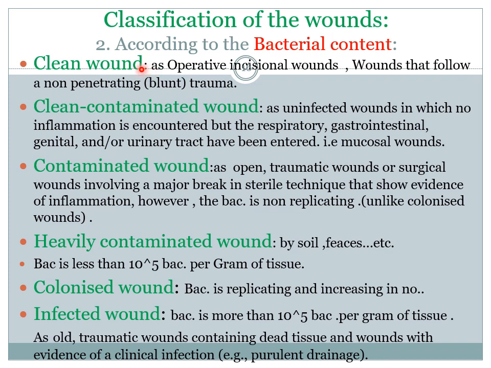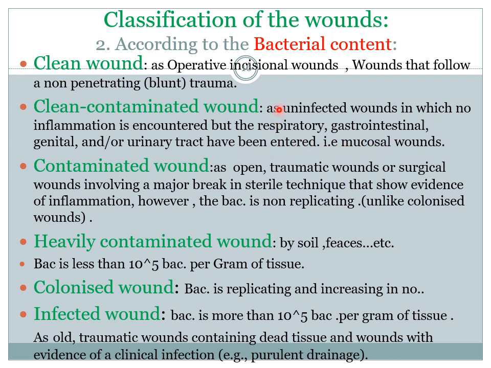Wounds may be clean contaminated, and these wounds are non-infected, in which there is no inflammation, but these wounds usually happen when the respiratory, GIT, or urinary tract mucosa has been entered during surgery.